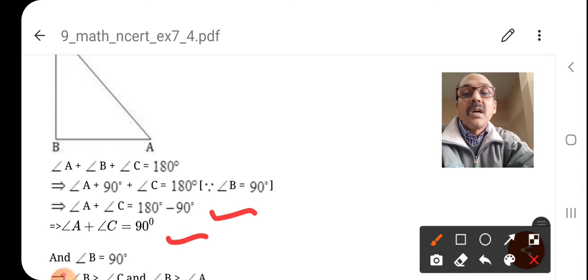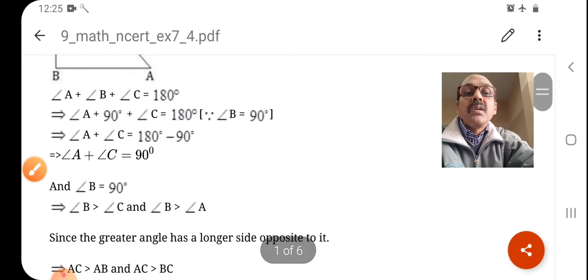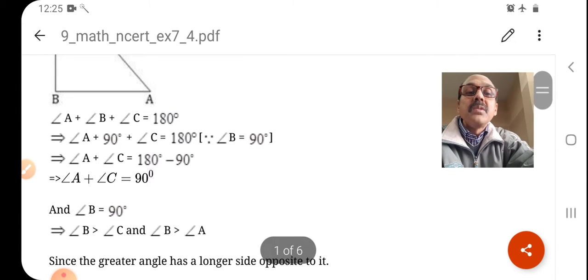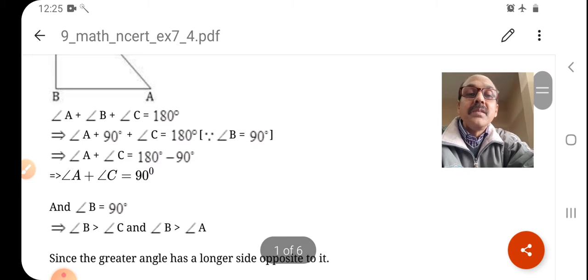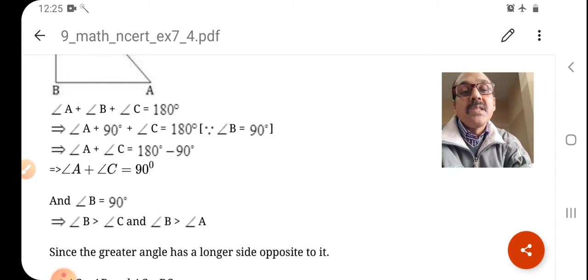Okay. Now, angle B is 90 degrees and the sum of the other two is 90. That means A plus C is 90. So separately, angles A and C are less than 90, because their sum is 90.